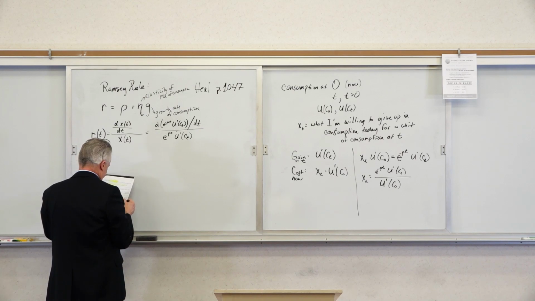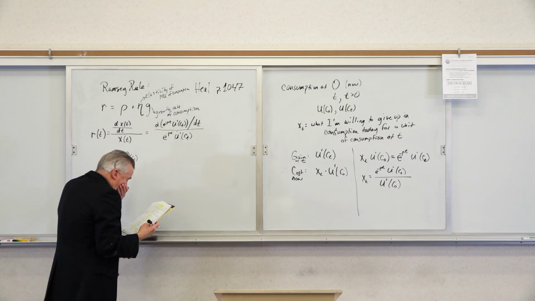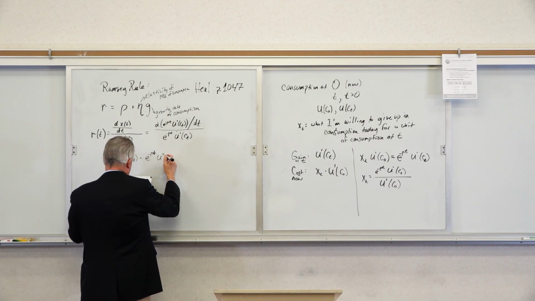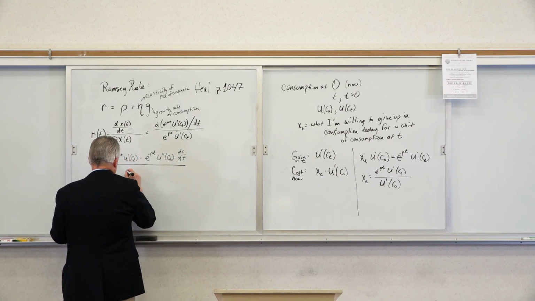Then I'm just taking that derivative, using the rules of derivatives, I get, this is lengthy but not too complicated, minus e to the minus rho t u double prime, second derivative, of c_t dC/dt all over e to the minus rho t u prime of c_t.